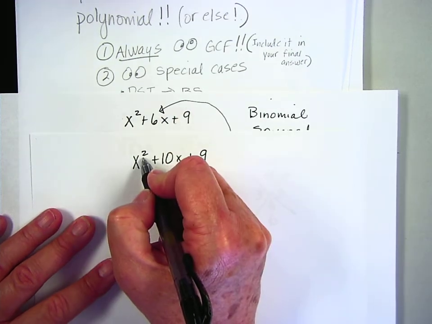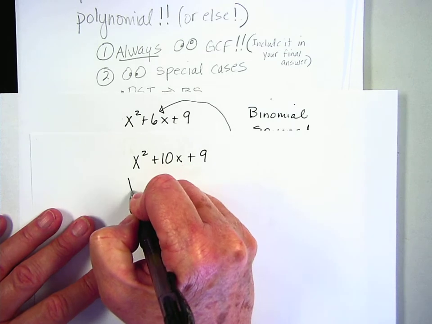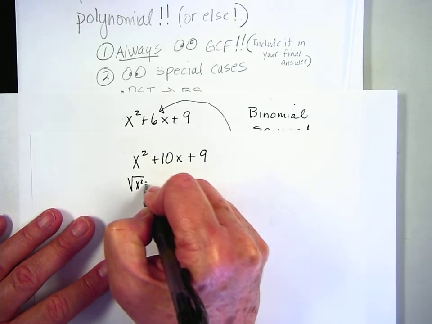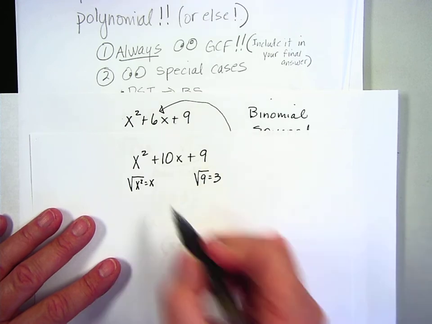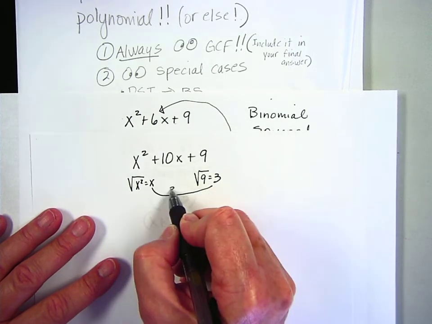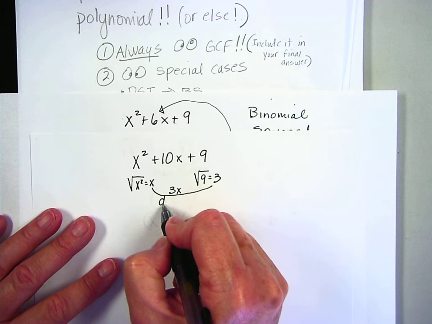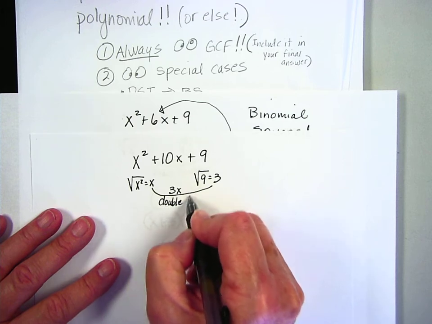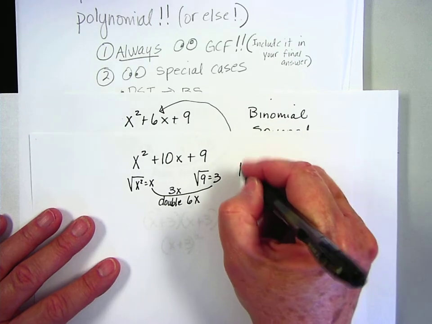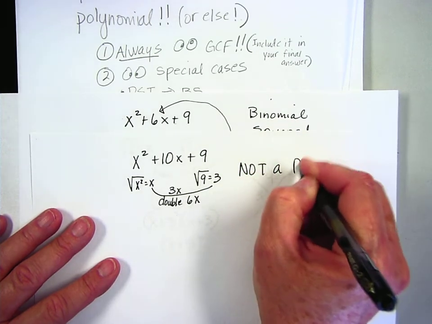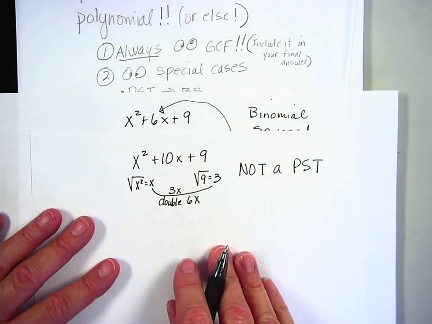This is a square number and this is a square number, but the square root of x squared is x and the square root of 9 is 3. Multiply those together and you get 3x, and if you double 3x you get 6x. Well, my middle term isn't 6x, it's 10x, so it's not a PST, but I can probably or maybe still factor it.